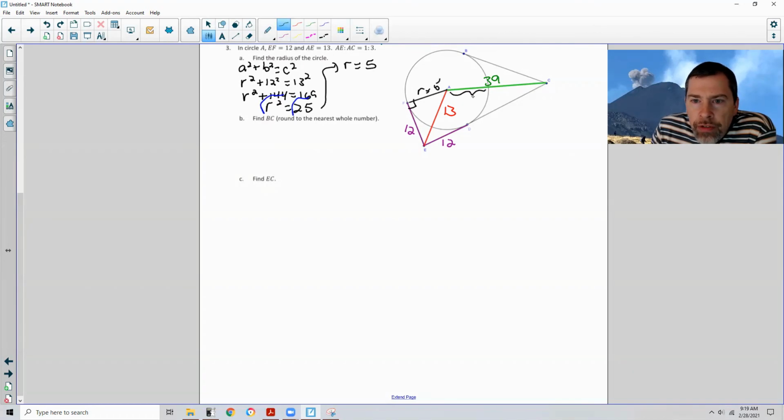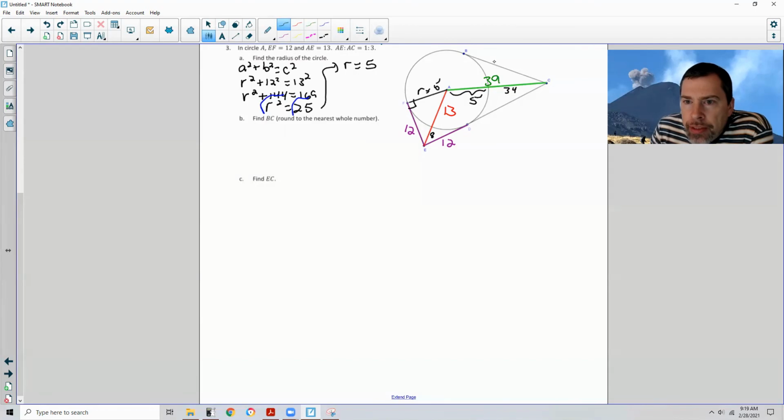So this is 5, and this is 5 from here to here. So this little piece here is 8, which makes no sense. Okay, obviously not drawn to scale. And if this is 5, then this is 34. Okay. All right, so find BC.